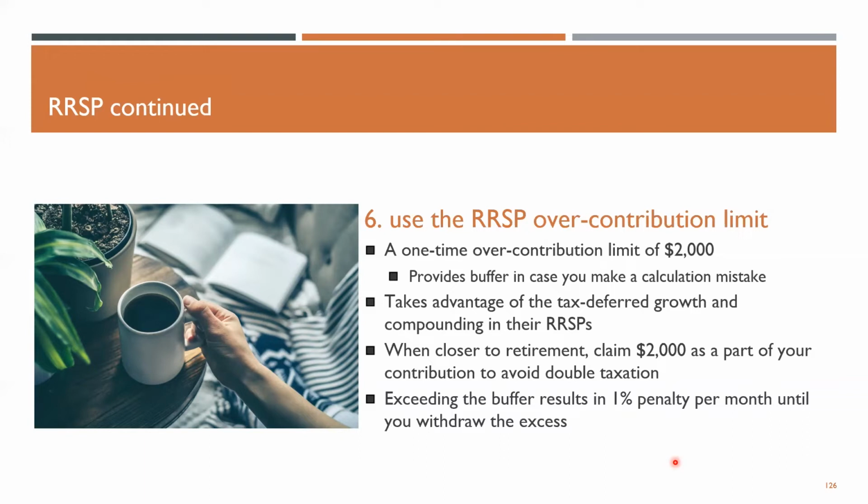So you can put an extra $2,000 into your RSP, and that is a benefit. Then closer to retirement, you can claim $2,000 as part of your contribution to avoid double taxation. If you go over that limit, then there's a 1% penalty per month or 12% per year until you withdraw the excess.